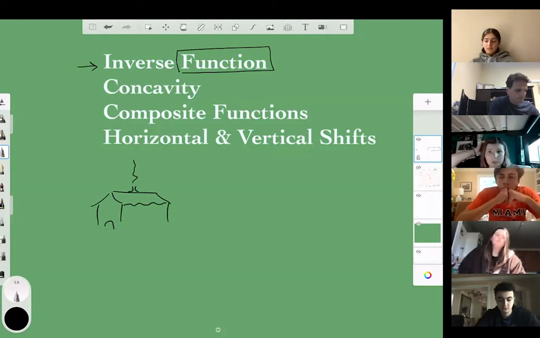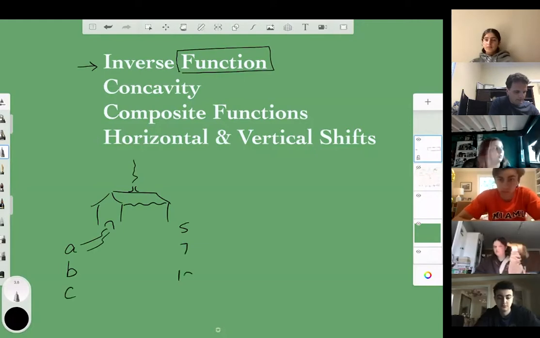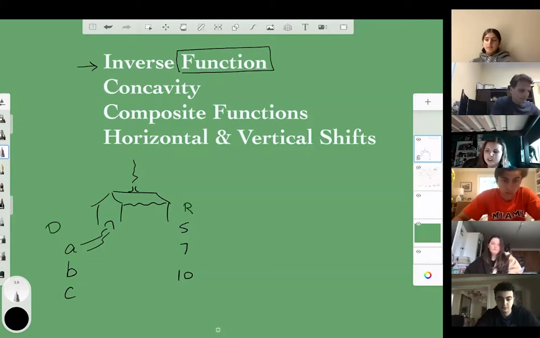A goes to 5, B goes to 7, C goes to 10. This is the domain and this is the range. I'm going to call this one F.